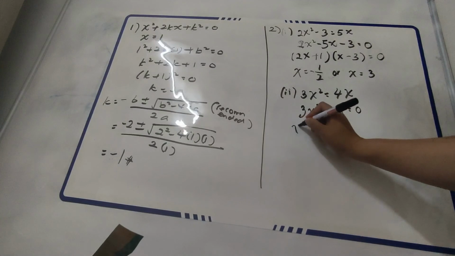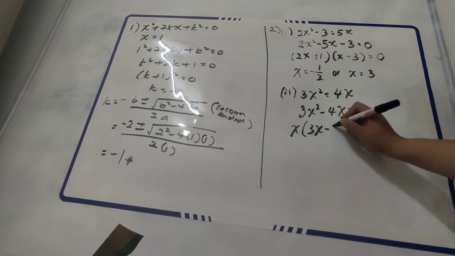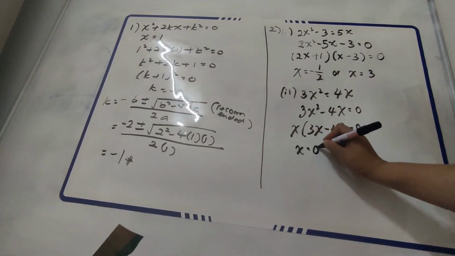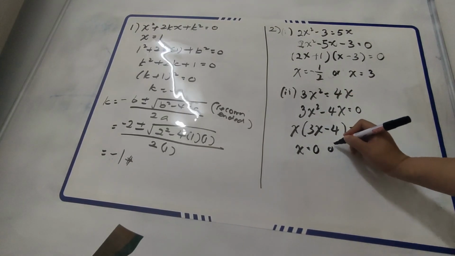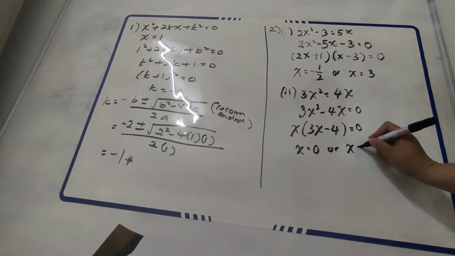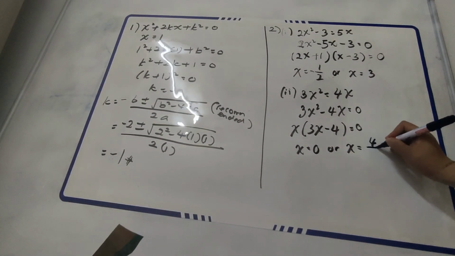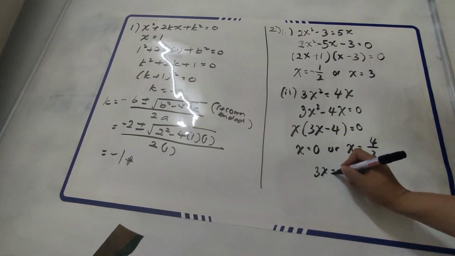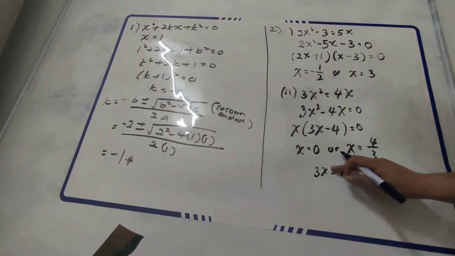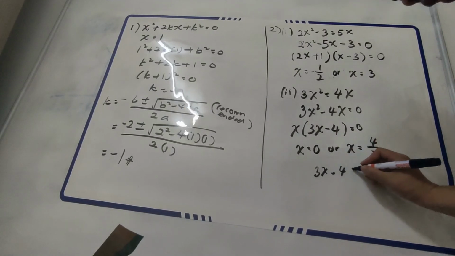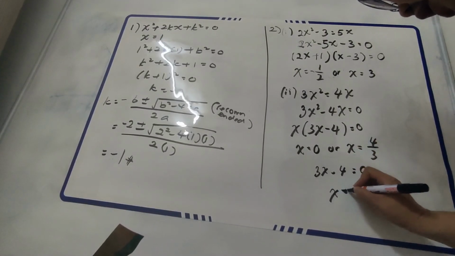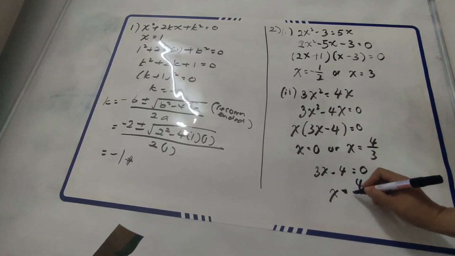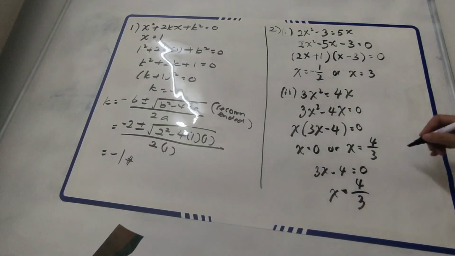Then you factor out x: x times (3x minus 4) equals 0. So x is either 0 or 4 over 3, because 3x minus 4 equals 0. When you move the 4 to the right hand side, x is 4 over 3.